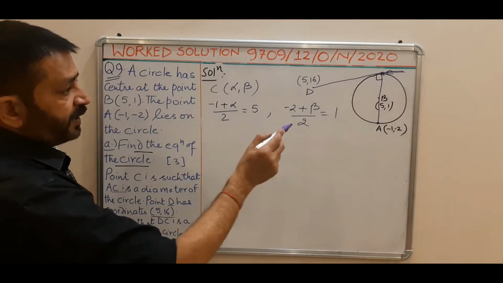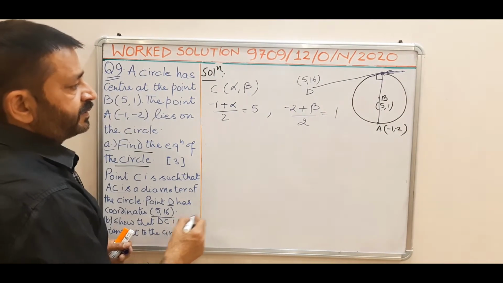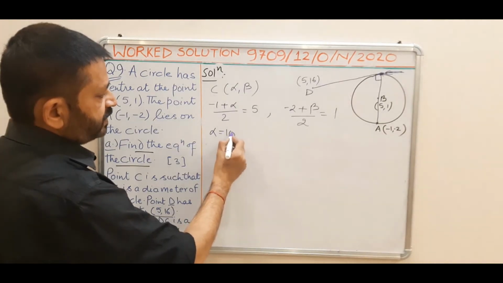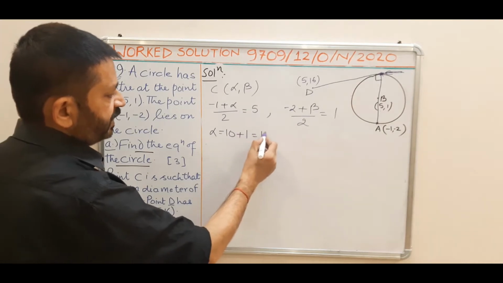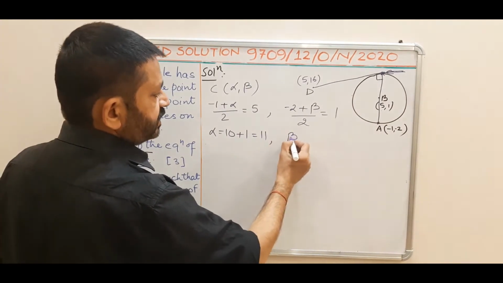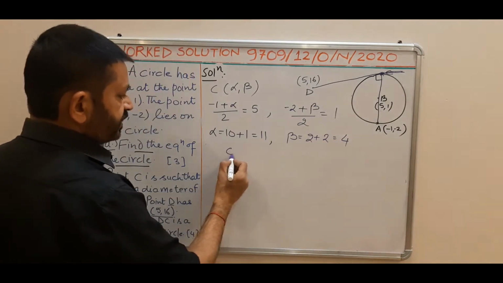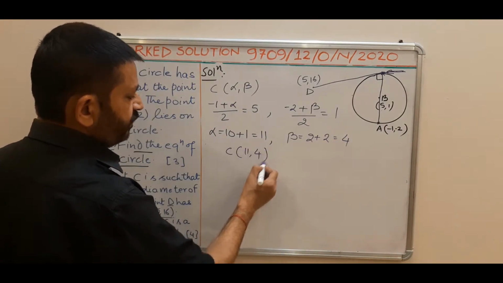B is the midpoint of A and C. So from here we'll get alpha is equal to 10 plus 1, that is 11, and beta is equal to 2 plus 2, that is 4. So coordinates of C are (11, 4).